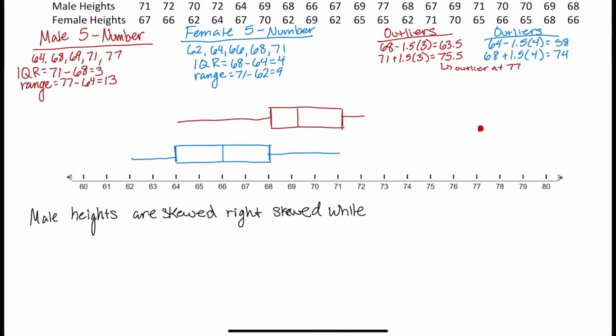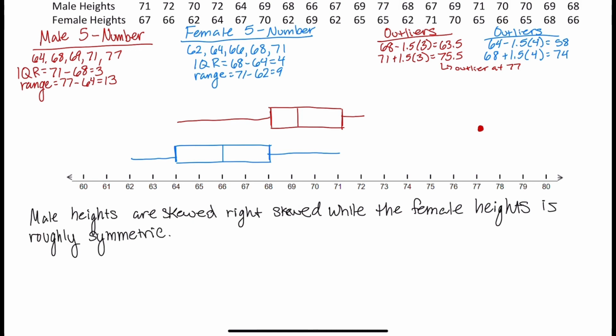while, and this is where we start comparing them, the female heights, again inserting that context, that distribution was roughly symmetric. And already we've talked about the shape. Talking about our center here, remember we use that word overall.